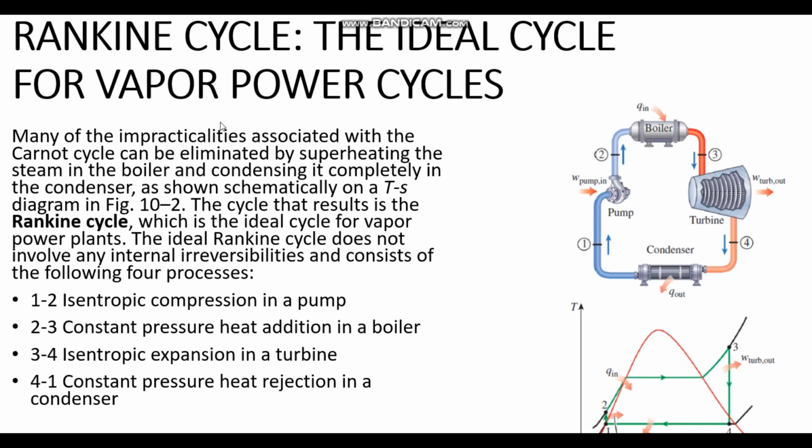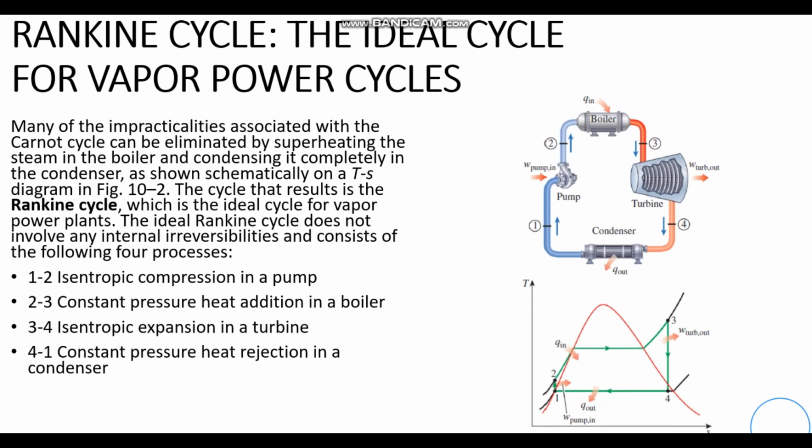The Rankine cycle, the cycle for vapor power plants. In these pictures, we can see the Rankine cycle, which consists of the pump, the boiler, the turbine, and the condenser, and the TS diagram of this cycle.